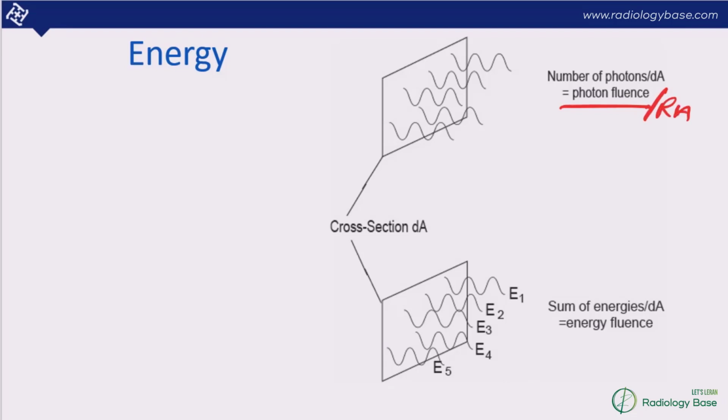Now for each photon, if I count their energy, say E1, E2, E3, E4, E5, and sum them all, this sum of energies is known as energy fluence. And if we apply some time, say when we want to calculate in 1 second, that is known as energy fluence rate.